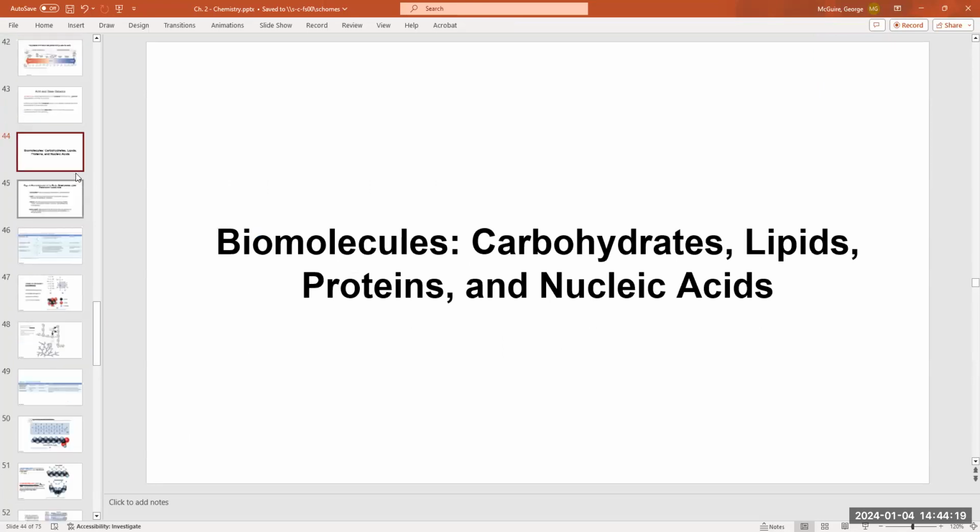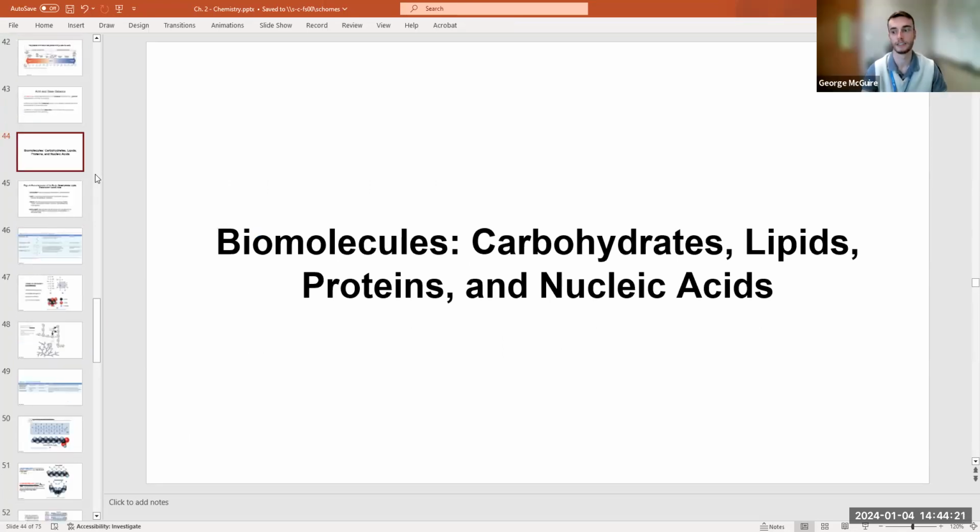Okay, and so the last portion of this chapter is now going into the major molecules that make up a majority of the mass of living things. So these are our biomolecules or macronutrients, macromolecules, if you have that nutrition background. And so we have 4 categories of molecules that make up a majority of the mass in a living thing.